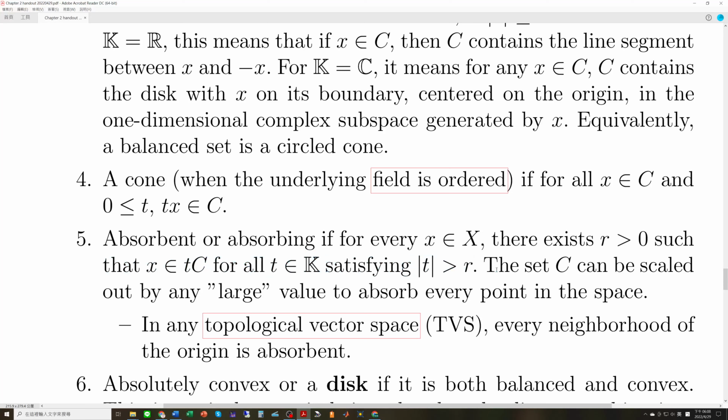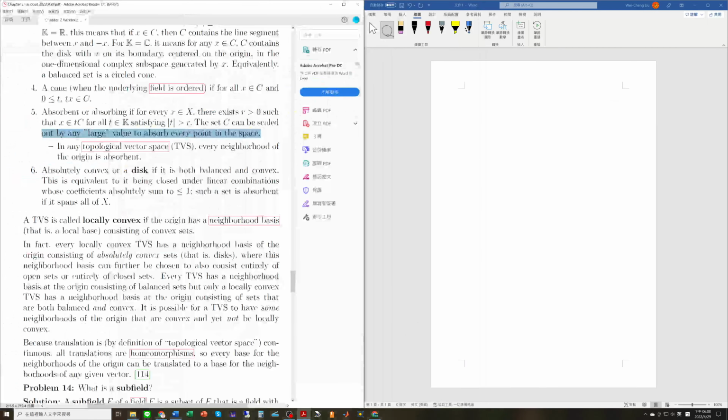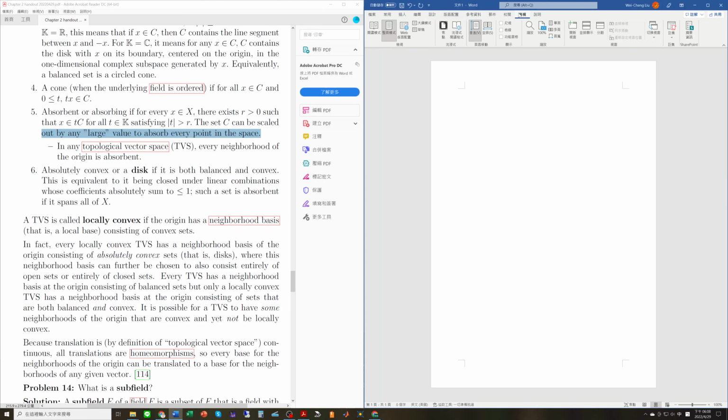The set C can be scaled out by any large value to absorb every point in the space. What does this mean? This is a more complex case. Let us see.